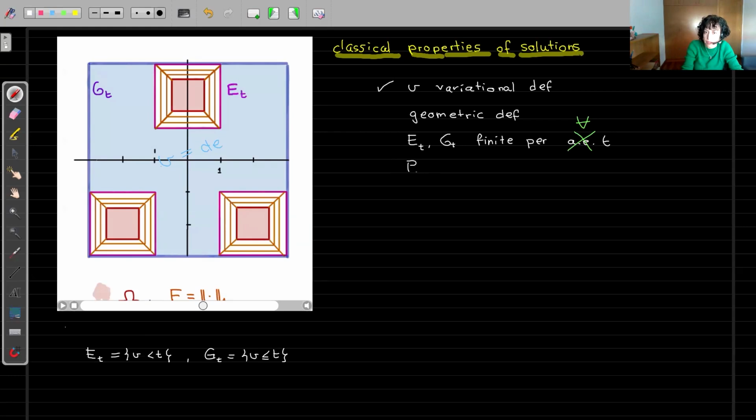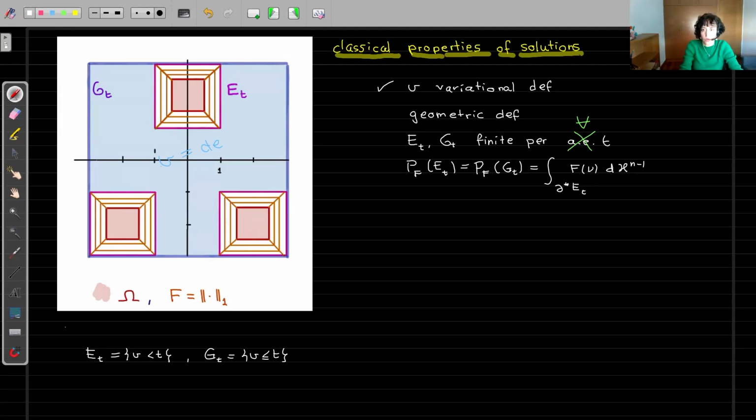The F-perimeter of E_t coincides with the one of G_t, so it behaves in a continuous way. The F-perimeter is simply integrating F of the unit normal on the reduced boundary, say of E_t, with respect to the (n-1)-dimensional Hausdorff measure.